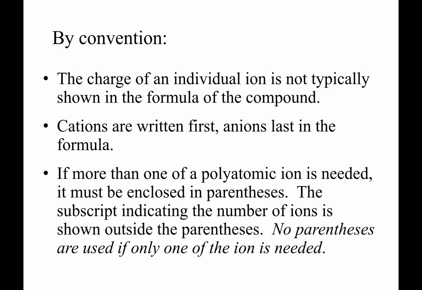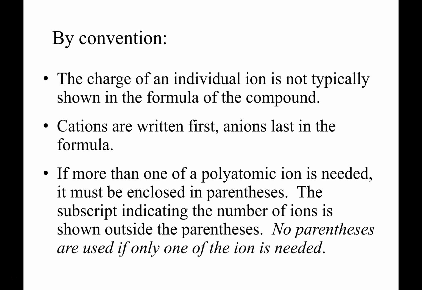Sodium nitrate, wait, that's not a good example. Barium nitrate, how's that? Barium +2, nitrate, NO3 -1. Actually, we're not going to get to this until the third part. But if I crisscross, how many bariums do I need? 1 barium.